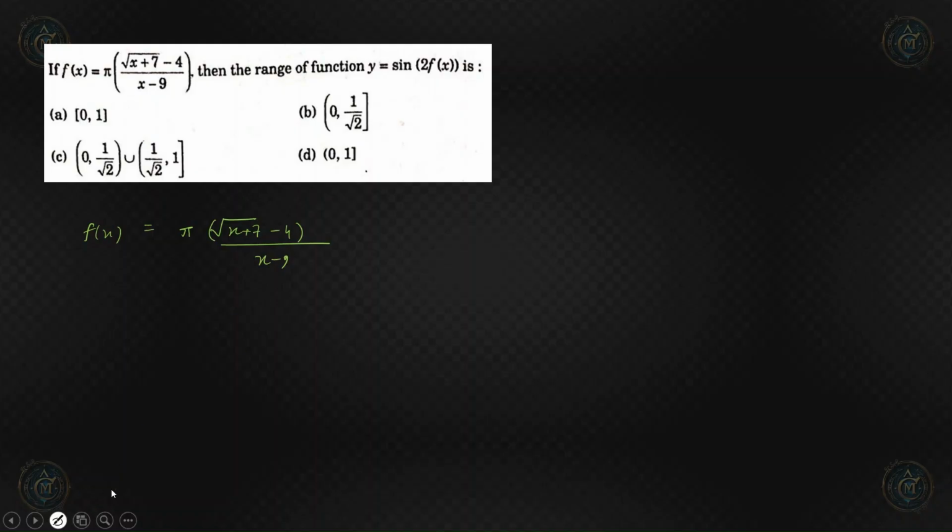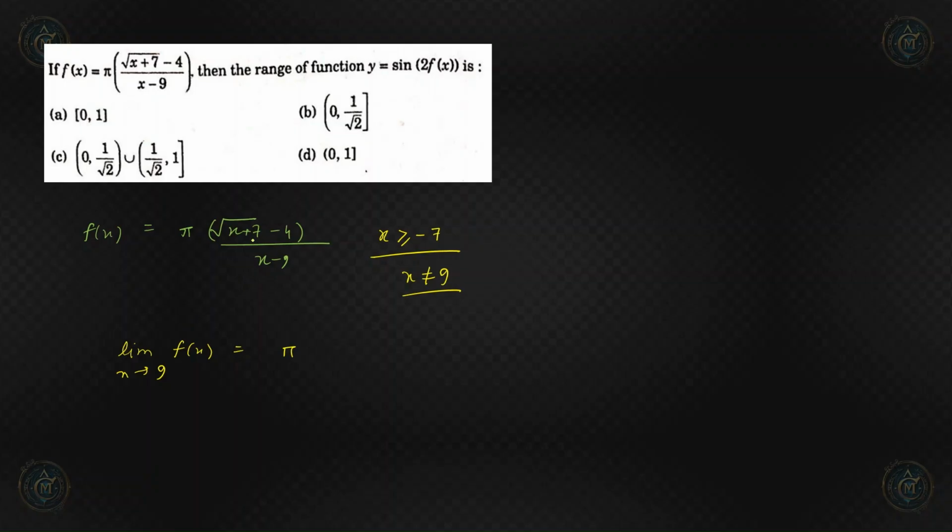Now if we check the domain of this function, x should be greater than or equal to minus 7, and x not equal to 9. But for x equal to 9, we get the numerator and denominator both become 0. That means the limit may exist at x equal to 9, but the functional value does not exist. If we check the limit as x tends to 9, f(x) becomes pi times 0 by 0 form.